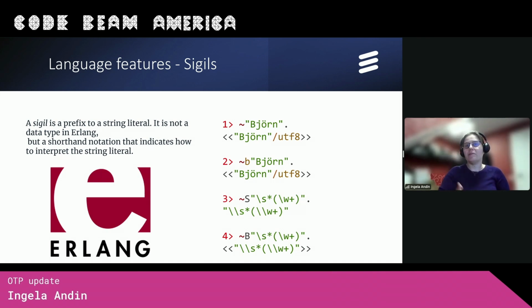So you see examples 1 and 2 here. We have binaries that are UTF-8 encoded as the default. And we also have examples 3 and 4 to show you that you can have the output as a list of characters or a binary, and you don't have to use too verbose escaping. And if you want to know more details about these sigils, please have a look at our user guide.